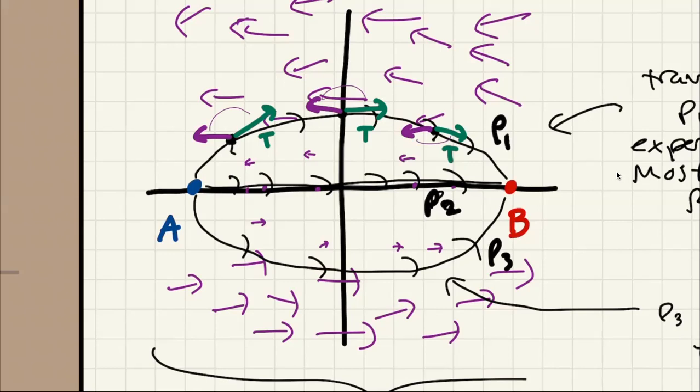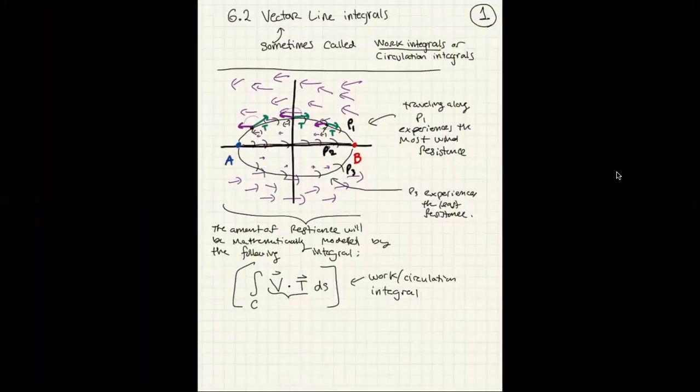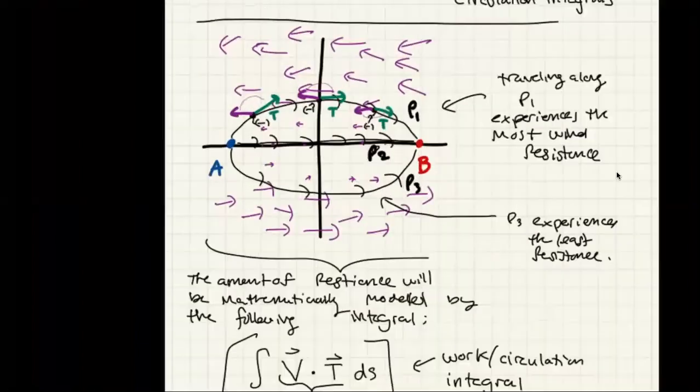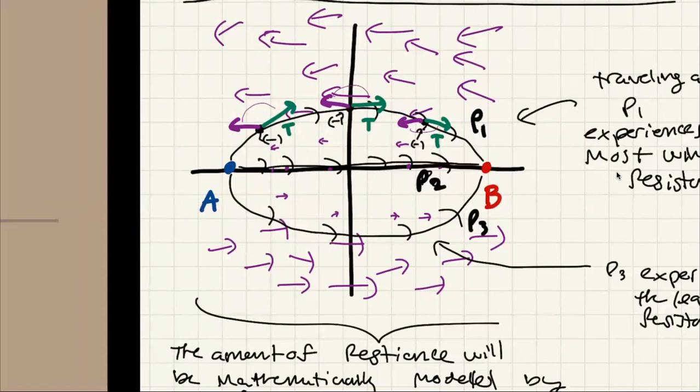So I'm adding up along the curve, I get a negative value here, a negative value there, and a negative value there. And I would expect that the integral along P1 would be negative.